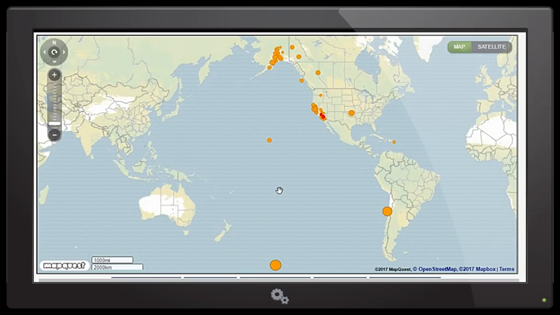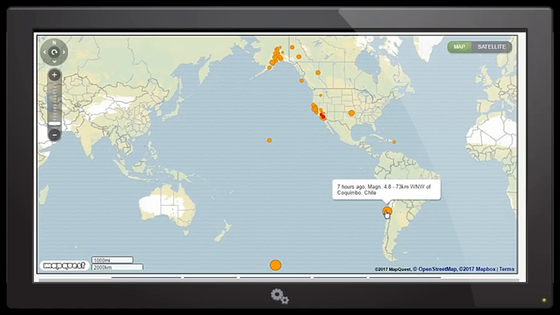A few weeks ago, we were looking at magnitudes in the high 3s, and then following that, magnitudes in the high 4s. Now we are reaching magnitudes in the 5s. And whenever we start getting into magnitude 6 and 7, well, naturally, that's going to create destruction. So let's take a look at some of these earthquakes.